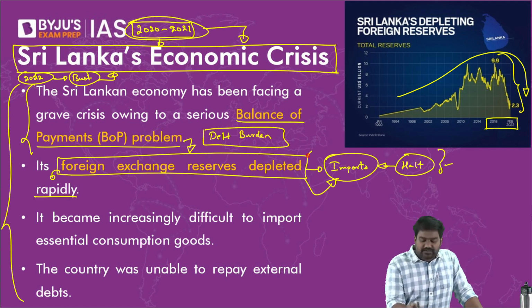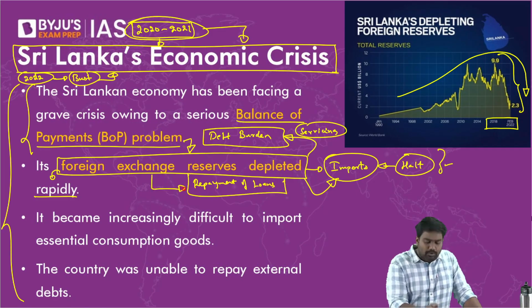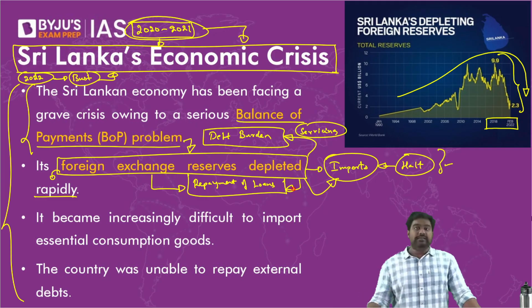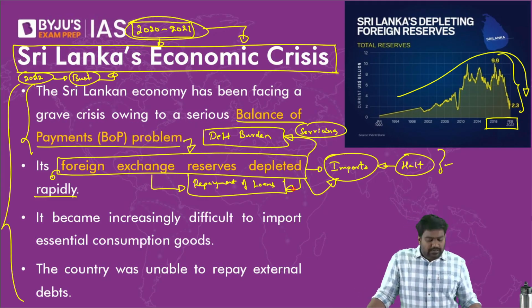Most of the forex reserves were used in servicing the debt, that is, in paying for the loans. In repayment of loans, Sri Lanka lost most of its forex reserves because it had borrowed so heavily over the last 20 years. Is that clear?